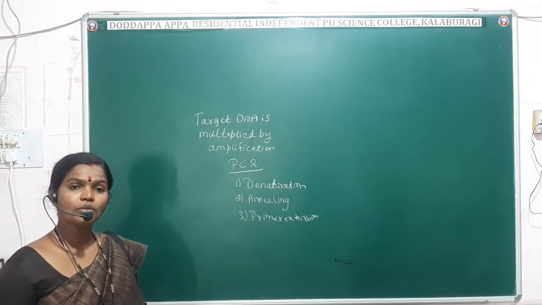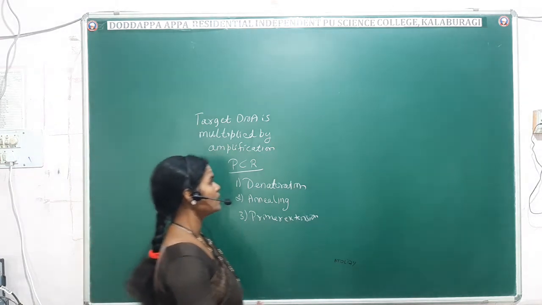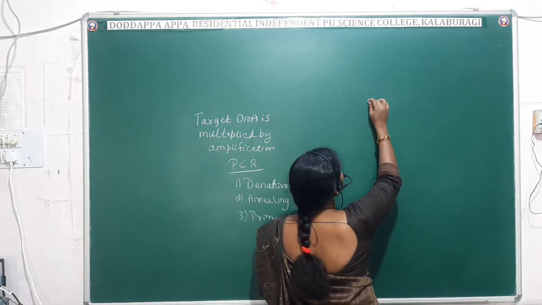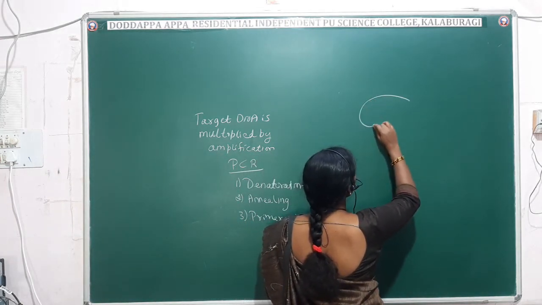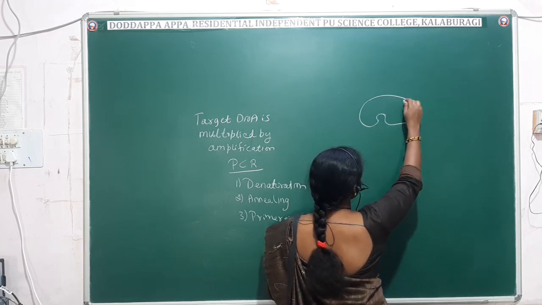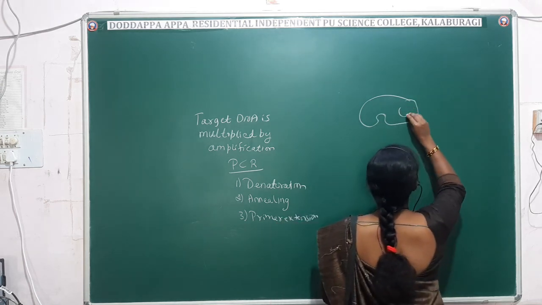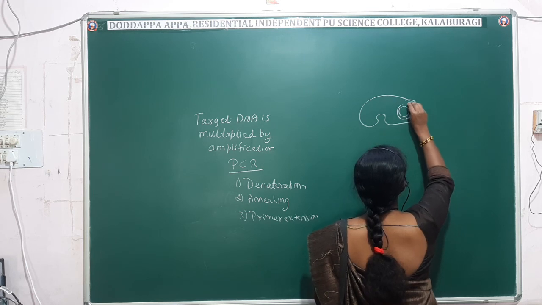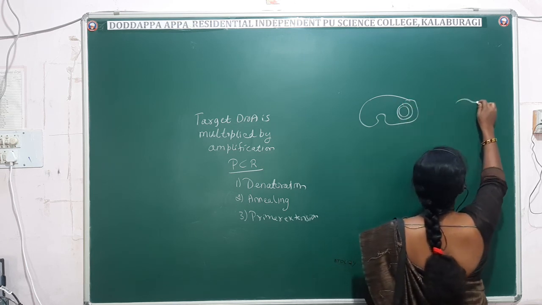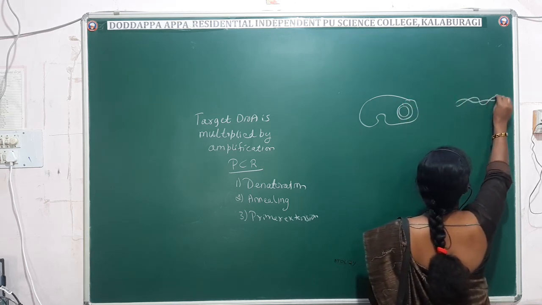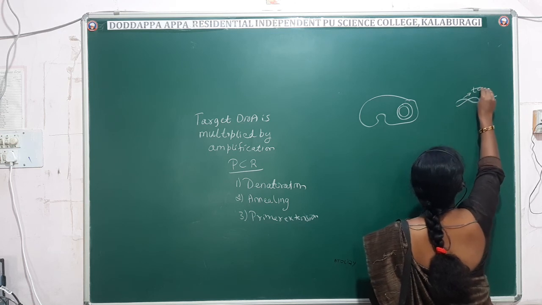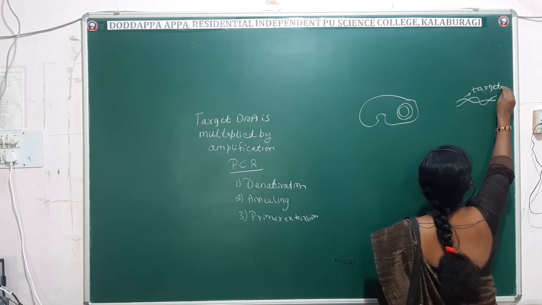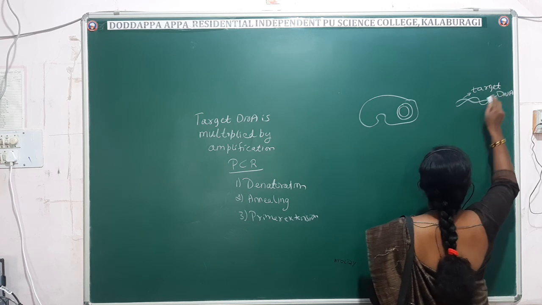Now imagine that I will draw the diagram here. Suppose this is the bacteria, and in the bacteria there is a presence of plasmids. This is the target DNA.